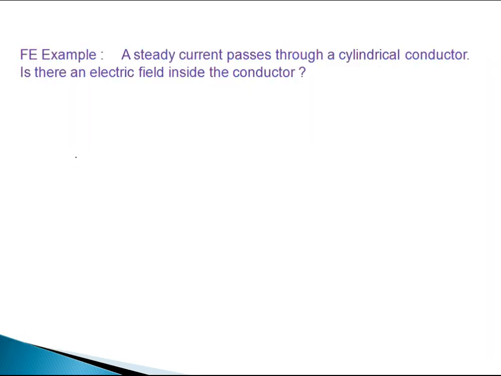Now, a steady current passes through a cylindrical conductor. Is there an electric field inside the conductor? I think in the electrostatics chapter we have discussed, if this is a conductor and any charge is given, it will reside on the outer surface. And we have discussed net electric field inside is 0. Is the same thing true here in a current carrying conductor?